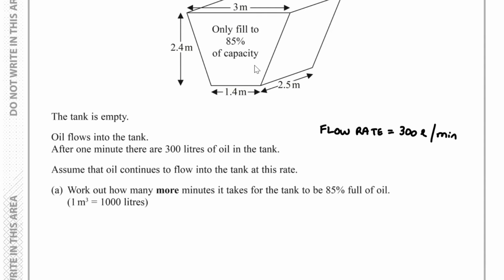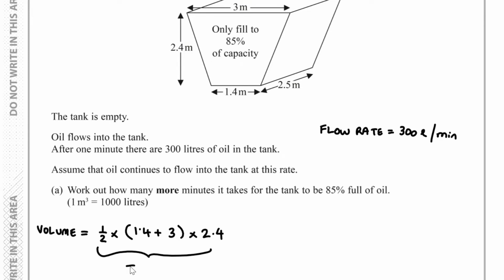Before we do anything else, we need to work out the area of the, well, the volume of the tank. We've got 1/2 multiplied by the sum of the two parallel sides, so we've got 1.4 plus 3, and then we multiply this by 2.4. So what we've got over here is the area of the trapezium.